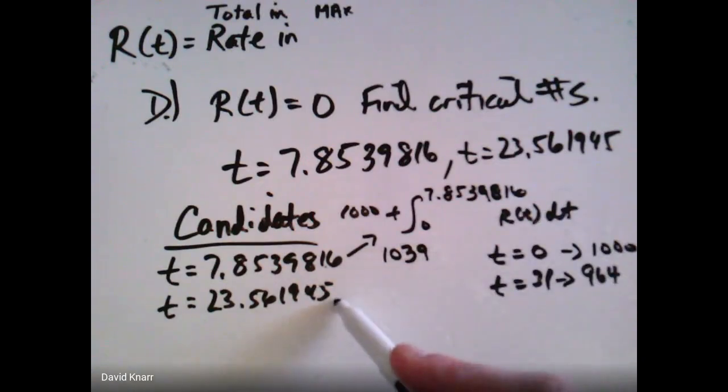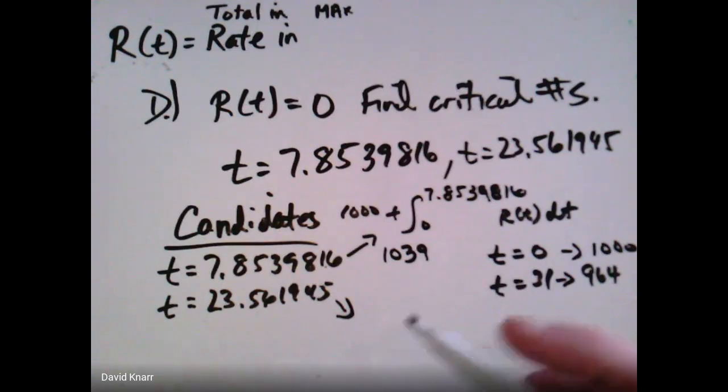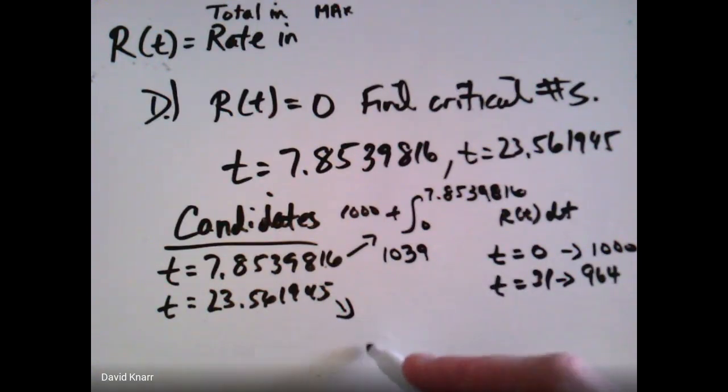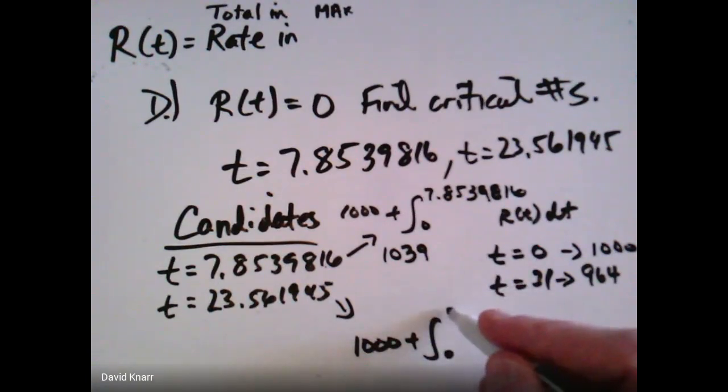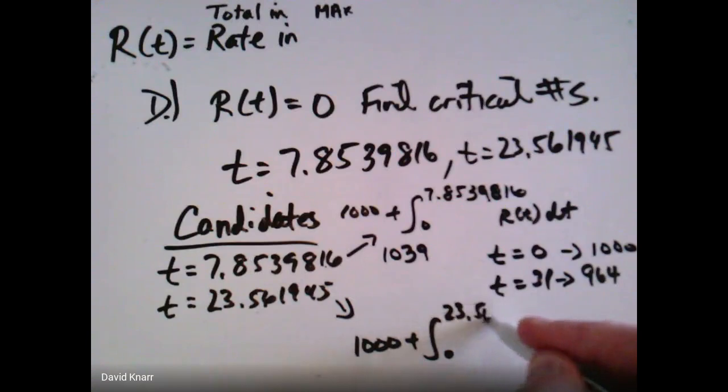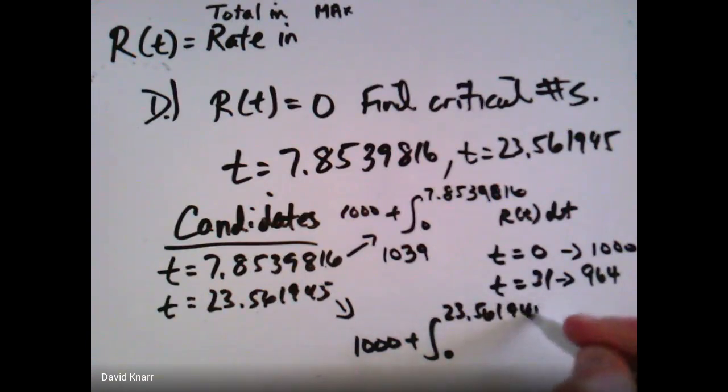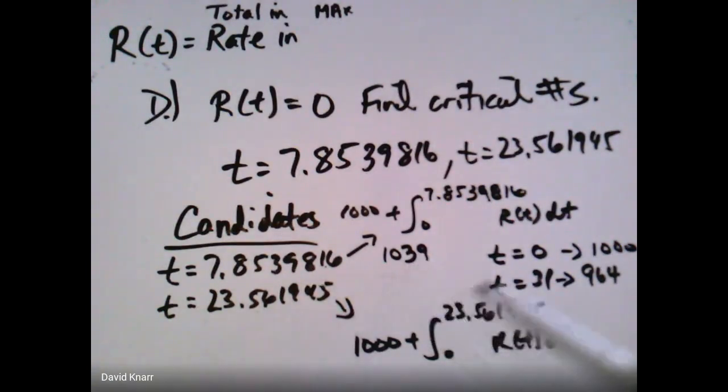And you do the same thing at 23.561945, so take 1,000 plus the integral from 0 to 23.561945 R of T dt. You do not get more than 1,039.